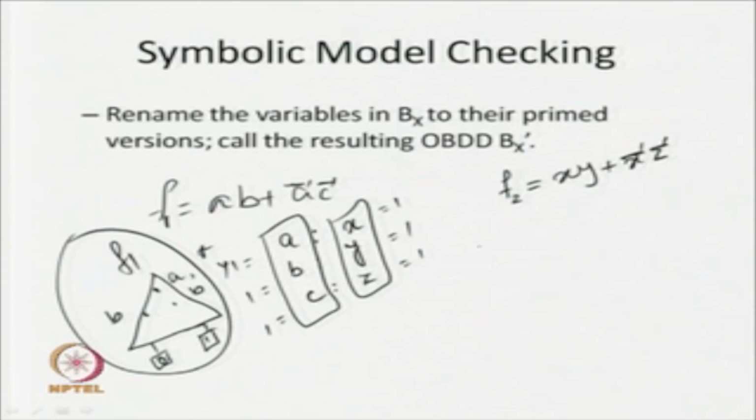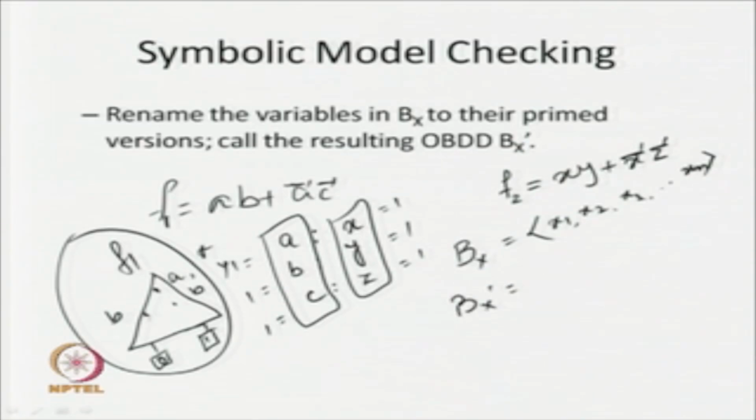Now, similarly, what will happen in our Bx? This is the OBDD representation of our set of states x with these particular variables x1, x2, x3. So, Bx is a pure distinct BDD representation of a subset of states, and say the variables are x1, x2, x3, like that up to xn. Now, Bx prime, what are we having?